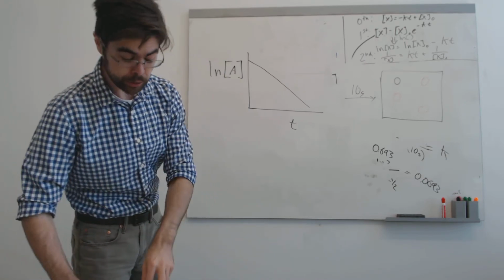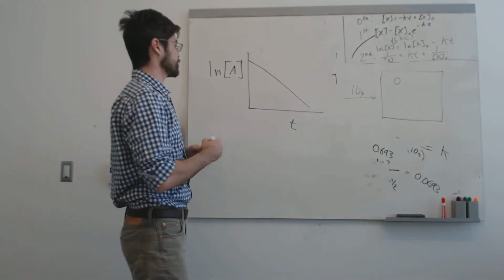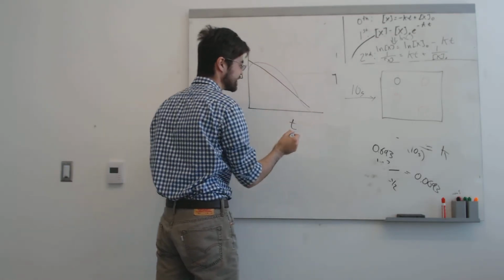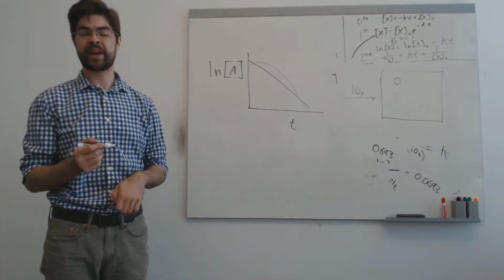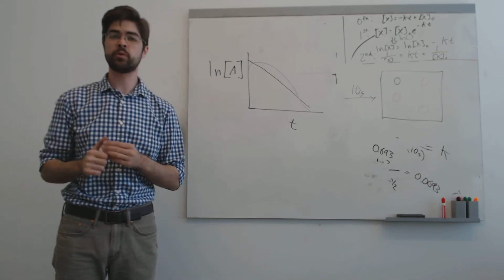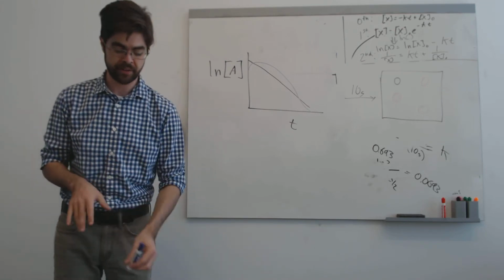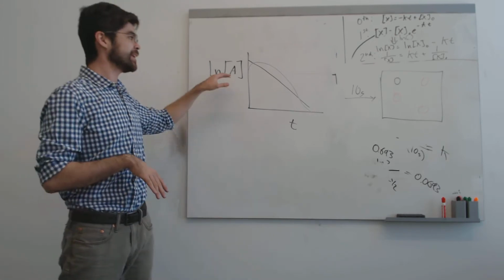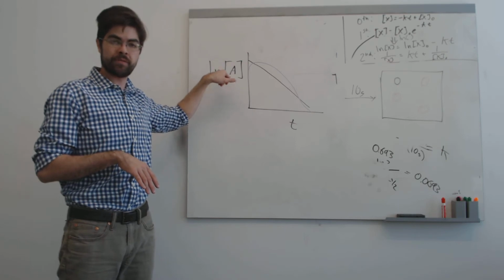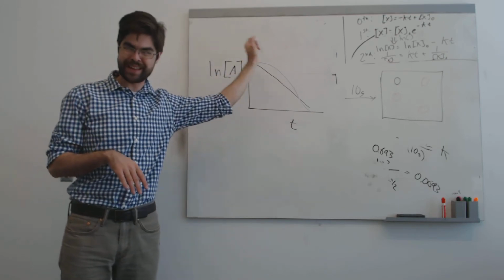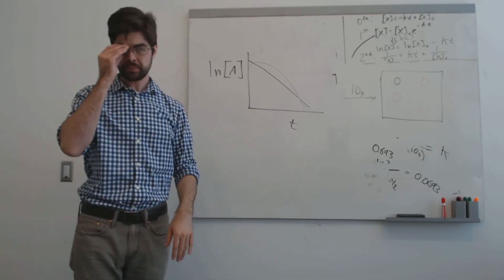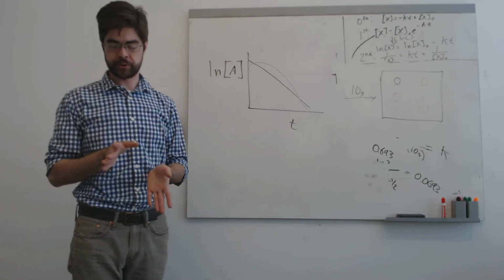If you plotted log of concentration versus time and you got something that looked, I don't know, like that, then that implies that your reaction isn't a first order reaction. And that's basically how you can classify it. If it doesn't have a linear dependency on its log of concentration versus time, then it is not first order.